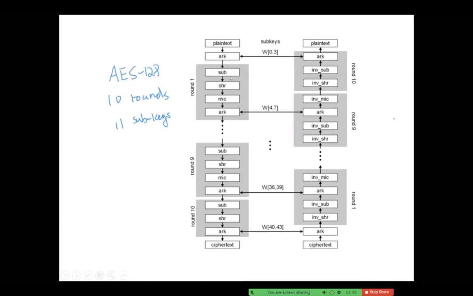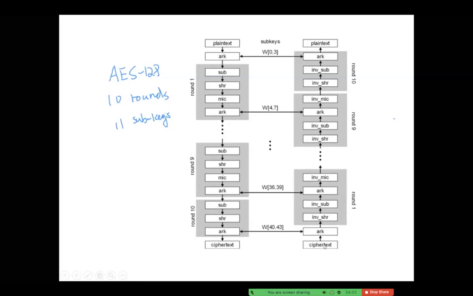So round 1 is a sequence of sub, shift, mix, and ARK. Repeat this until round 9. Round 9 is still the same sequence of operations. But in round 10, the operations are different. So then you get a ciphertext.